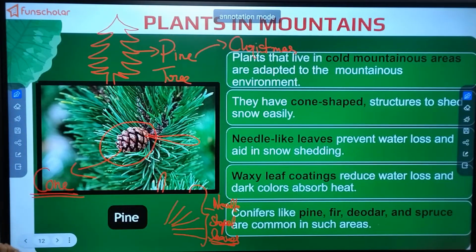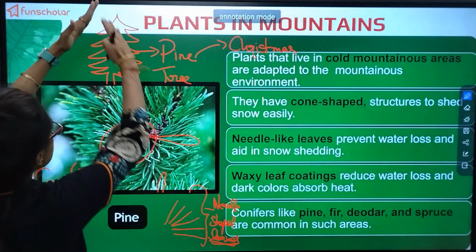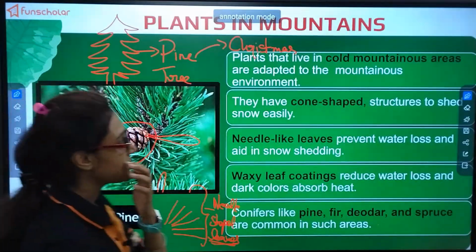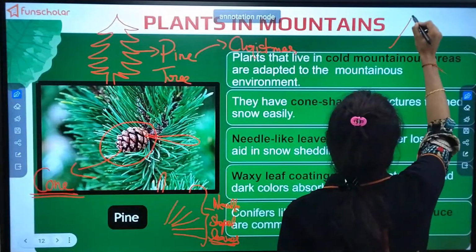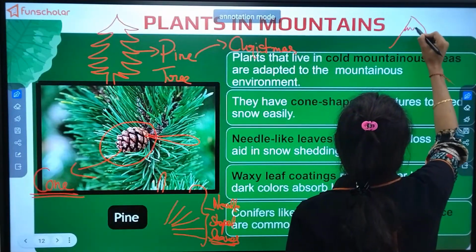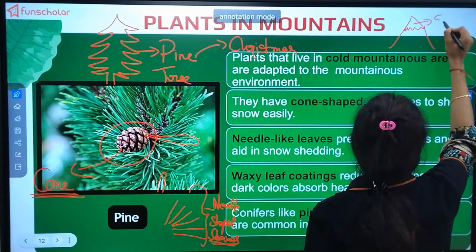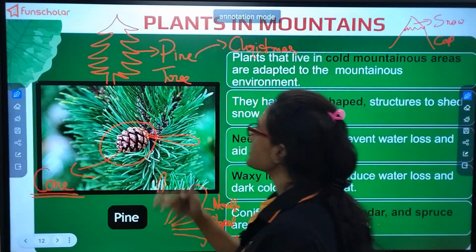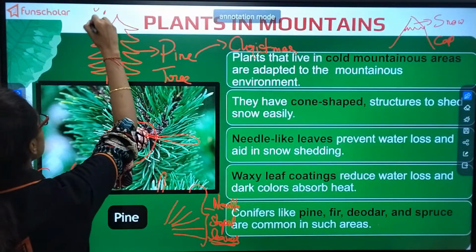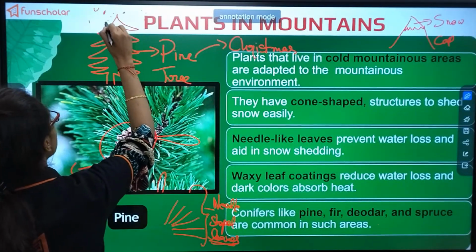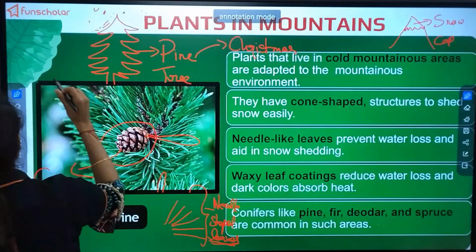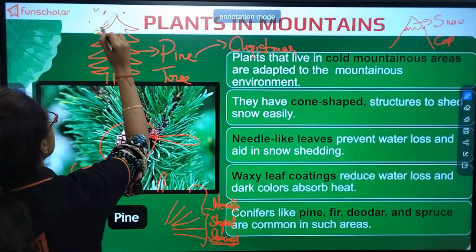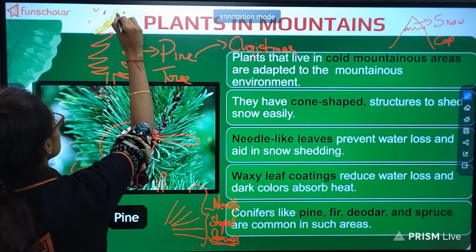Okay, and why do these trees have this sloping structure? Just now I have shown you that the mountain tops are peaked with snow, or snow-capped mountains. So when it snows, what happens? Snow is being deposited in this place. Okay.